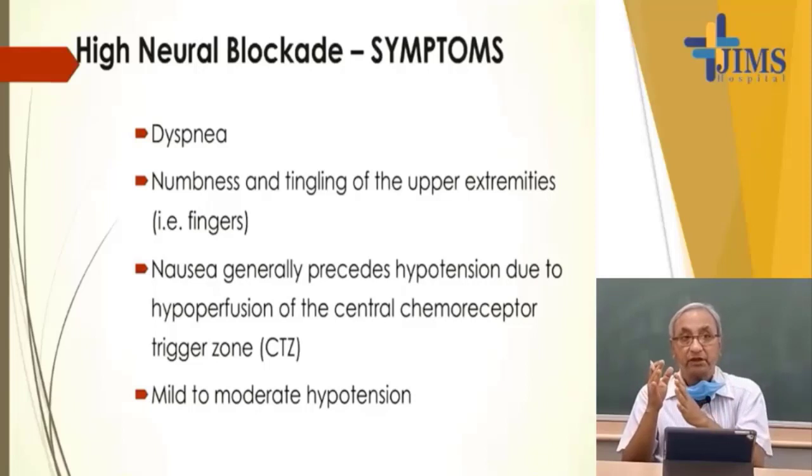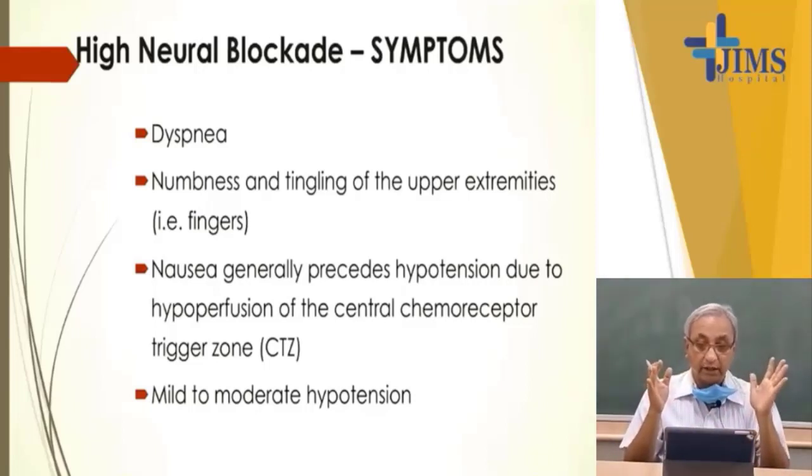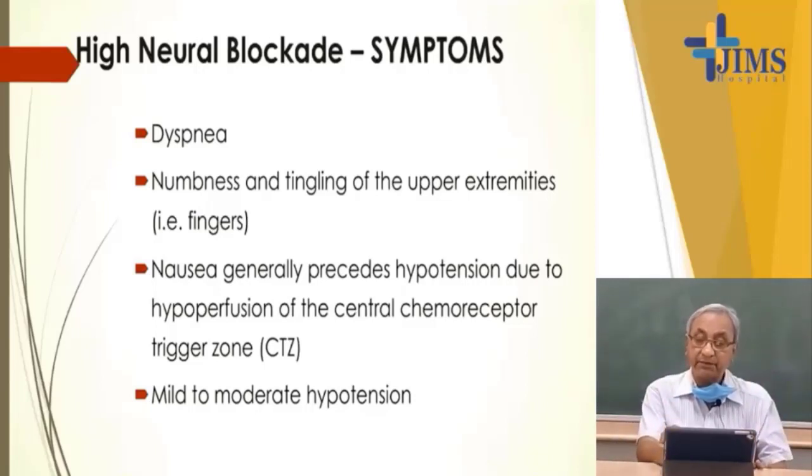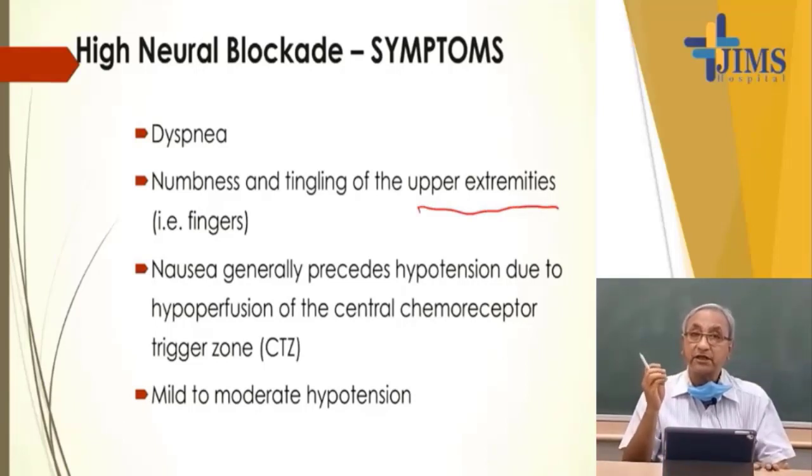What happens is, because of high neural blockade, and of course there is a blockade of nerve supply to all the 4 limbs, which can lead to tingling and numbness of the upper extremity if the blockade is not profound. But if the blockade is profound, there will be paralysis of the upper limb.